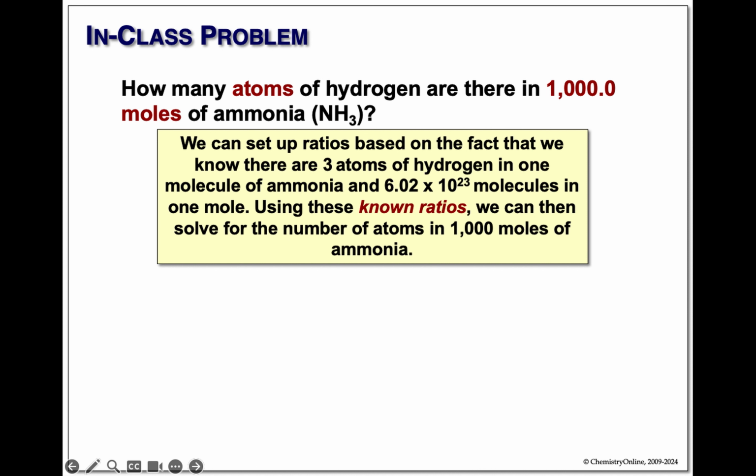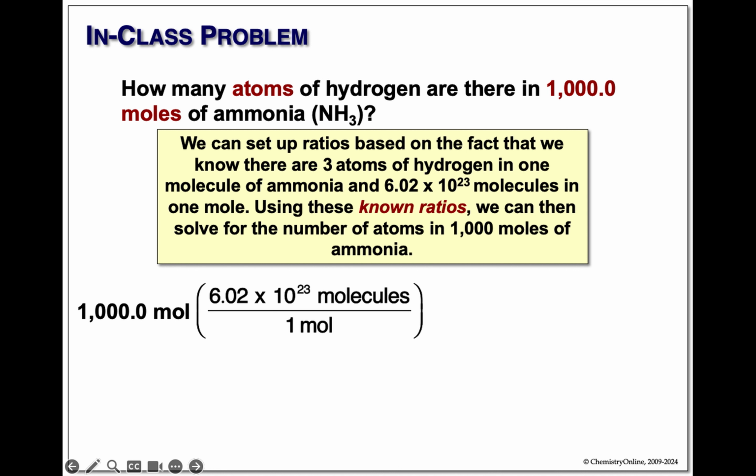So, starting with our given, we will put in this ratio and the mole ratio. Again, we put mole in the denominator. 3 hydrogens for every molecule.